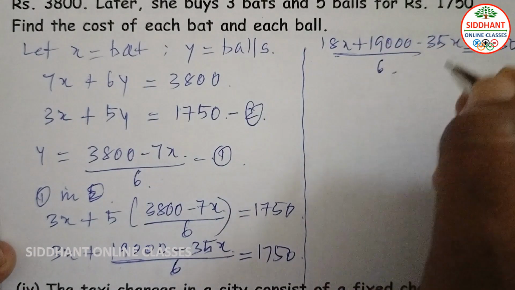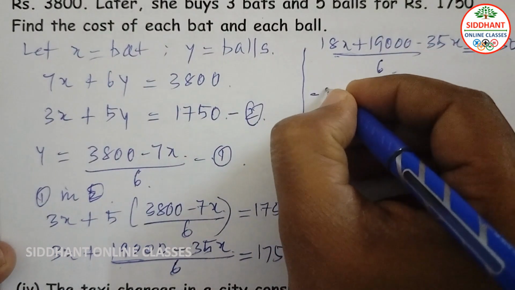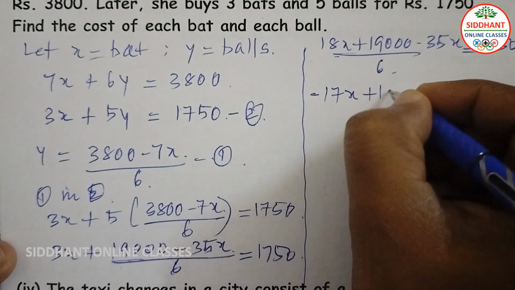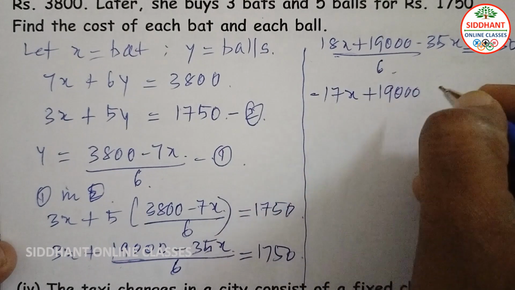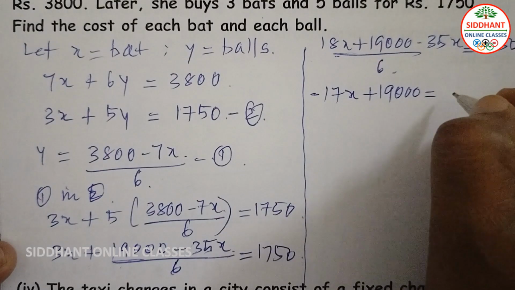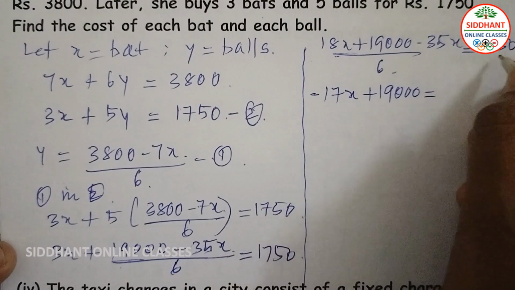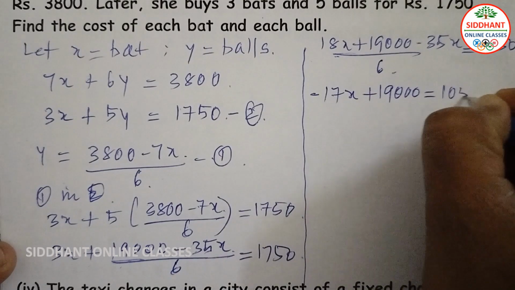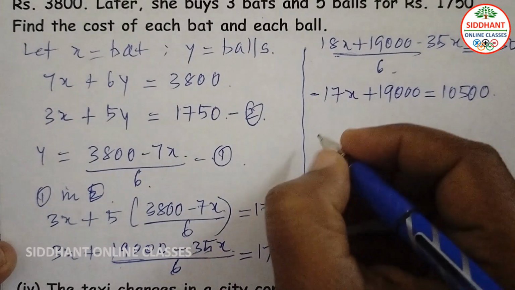So 18x minus 13.5x will become minus 17x plus 19,000 and 1750 into 6, which will become 10,500.